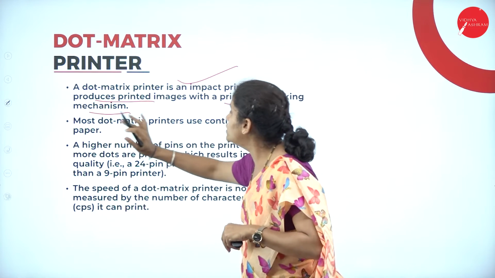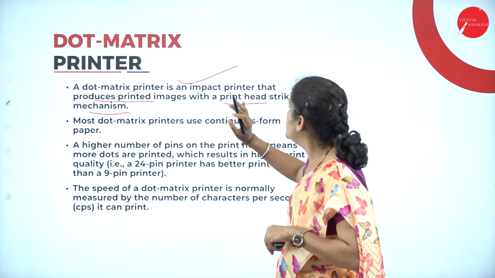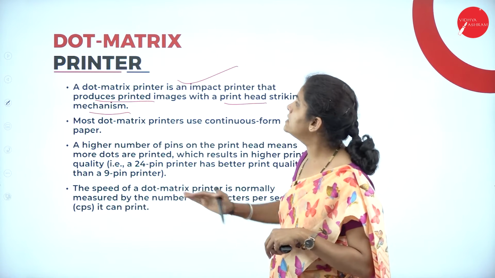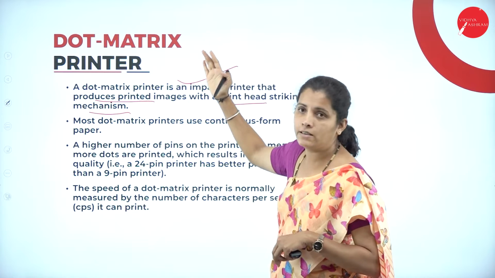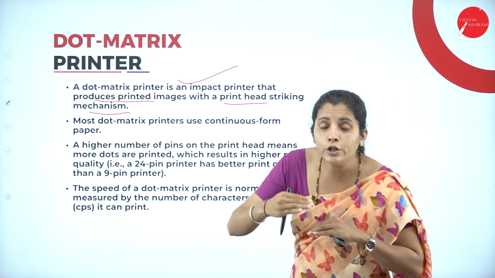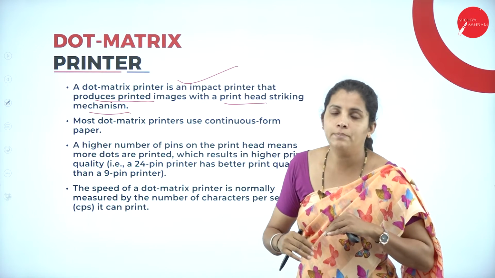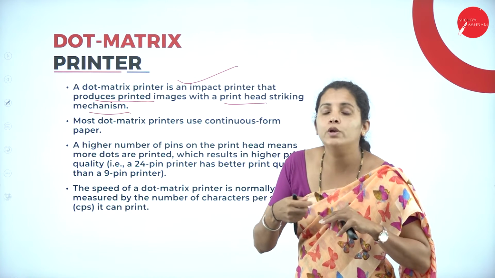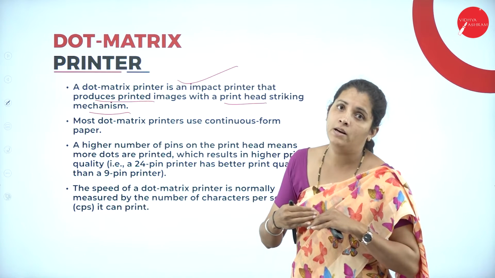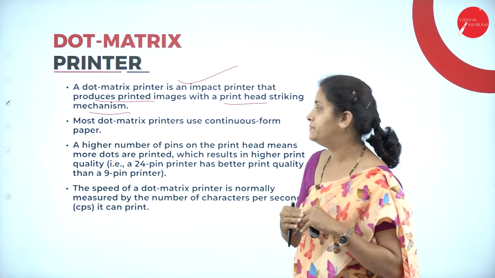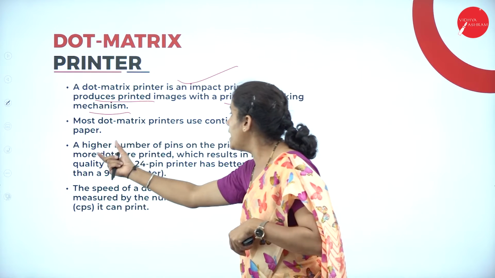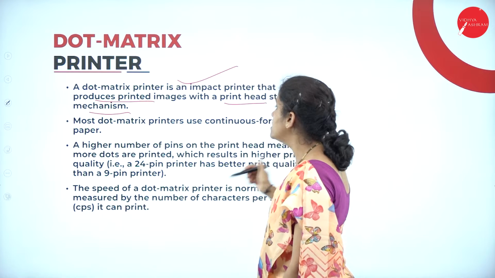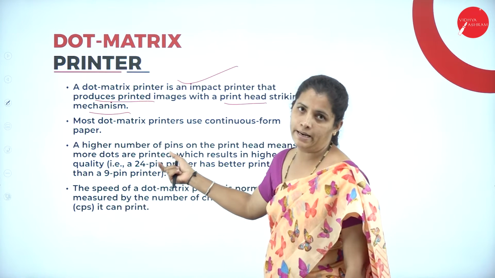Then most dot matrix printers use continuous form paper. That means in a dot matrix printer you have to use continuous form paper. You cannot give the paper one by one, so you give a bundle of paper in one shot. Then a higher number of pins on the print head means more dots are printed.